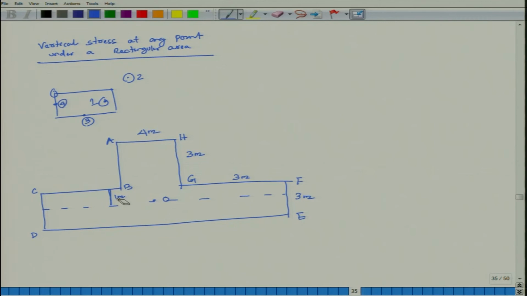Sorry, I say it is at a distance of 1.5 meter below this, and this is the point where we are going to find it. I put it, this is 1.5 meter, right. This is your point O, and I take it at the center here, this is also lying at the center here.